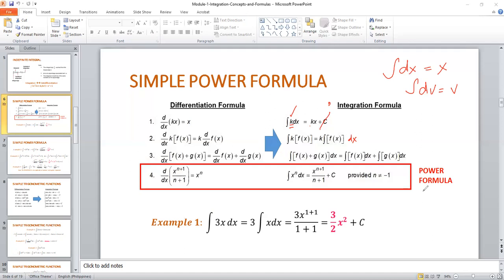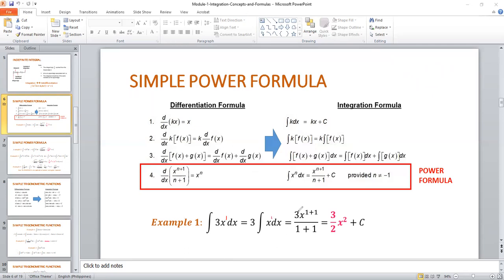Okay? Now, we go to this example that you have here below. Okay, I'd like to clear first the markings on top. So the integral of 3x dx, this x here is understood to have an exponent of 1. So what happened? You set aside the constant 3 and you process x dx.